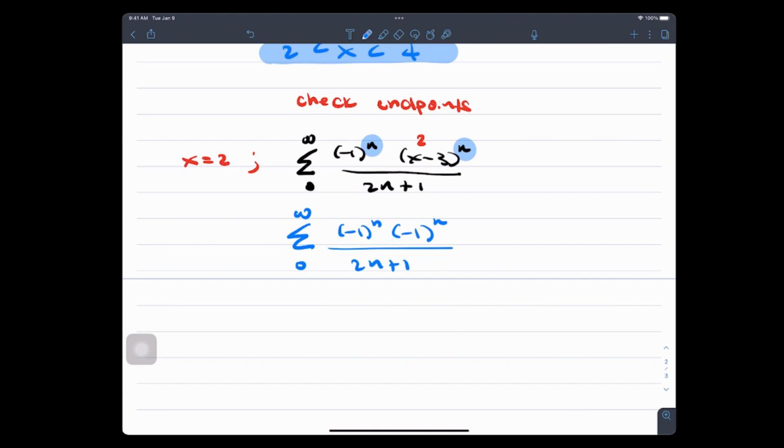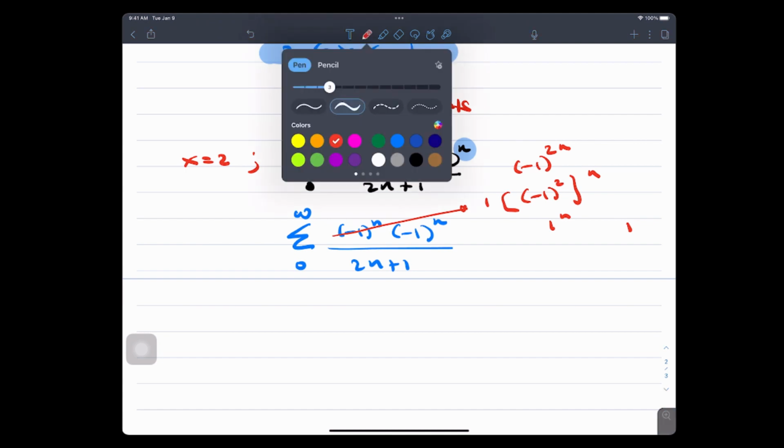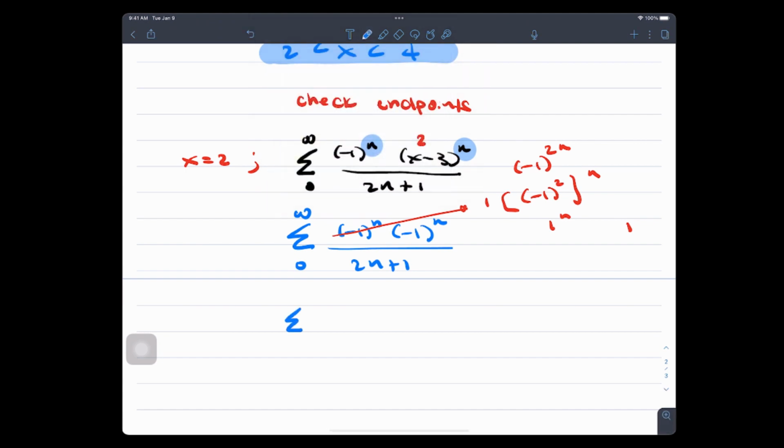Well, that's just positive 1, by the way. You might say, I don't believe you. Wasn't that negative 1 to the... Add the powers. Properties. And this is going to be 1 to the n, which is just 1. So what am I ending up with here?